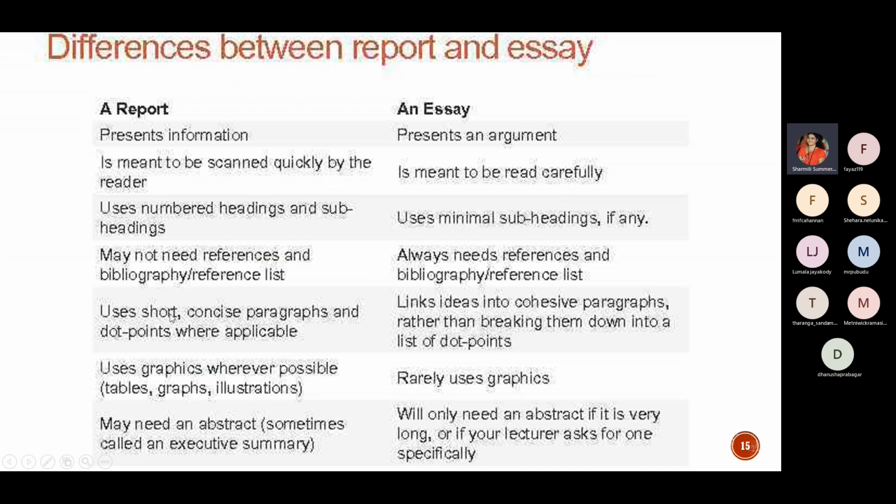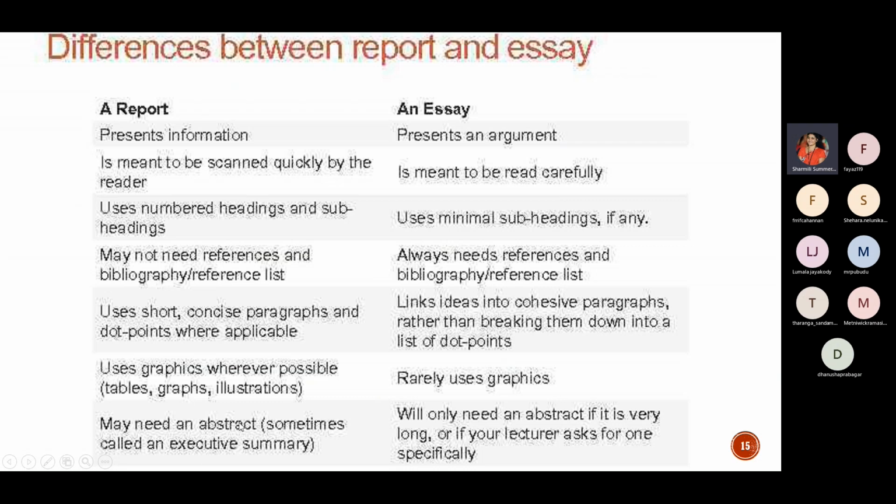It should be short and concise paragraphs. If it's possible, you can list in dot points. You can use graphics, graphs, illustrations, tables. Normally in essays, we are not using that much.